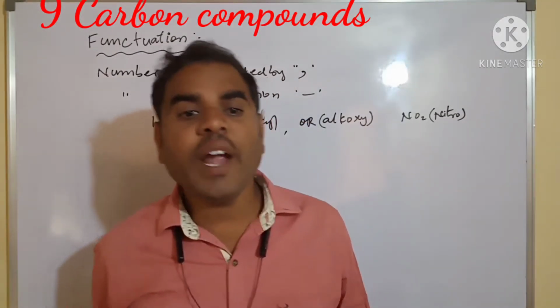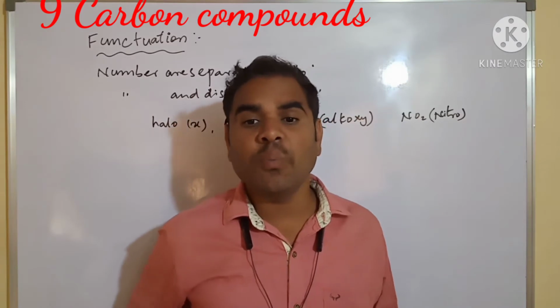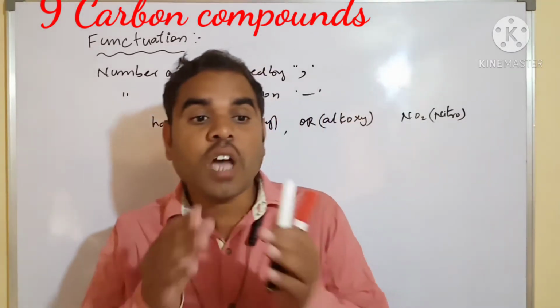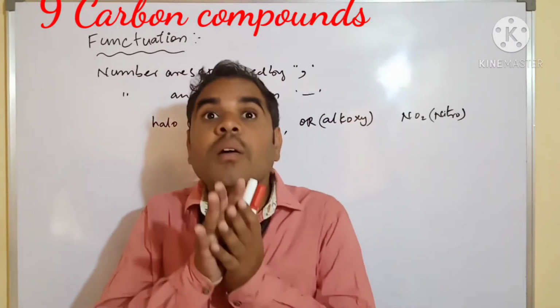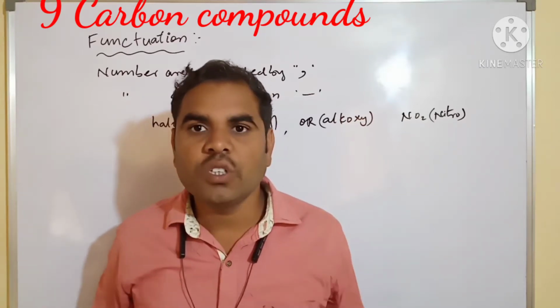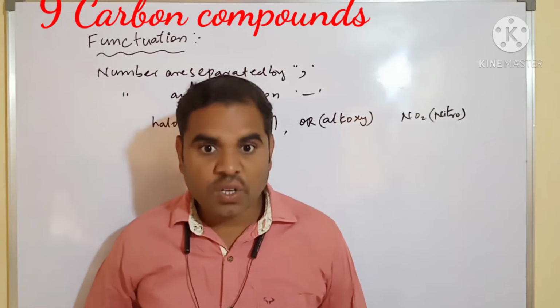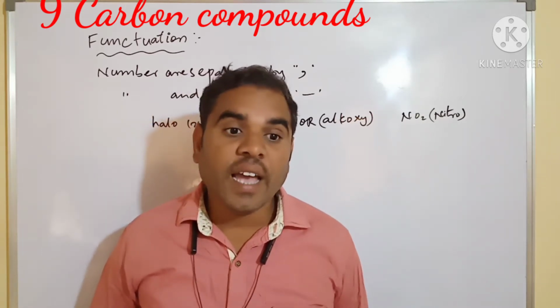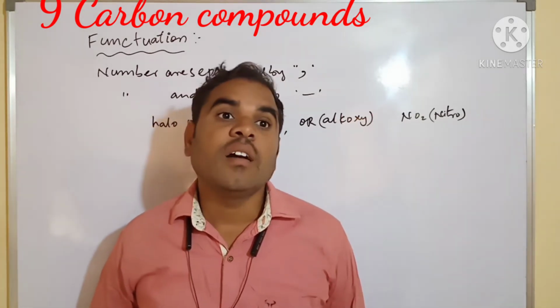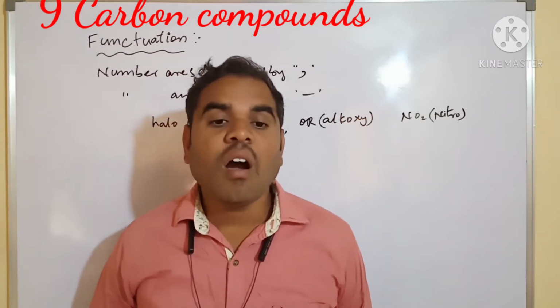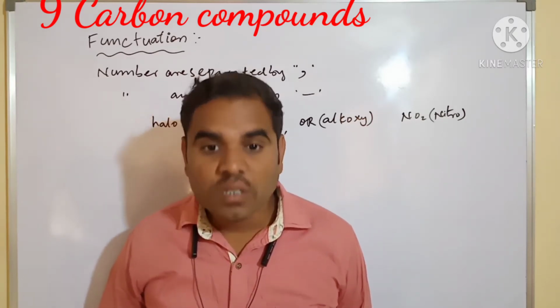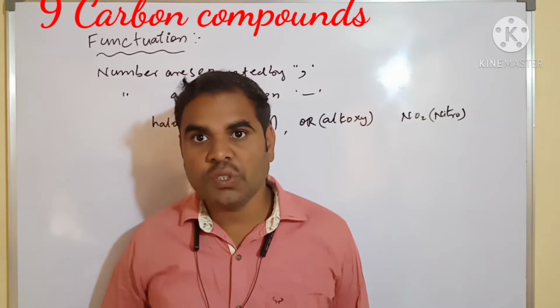Next, if you find more than one functional group in a compound, you select the principal functional group and write it as the secondary suffix. All other functional groups become substituents.